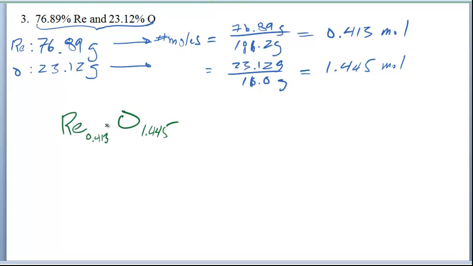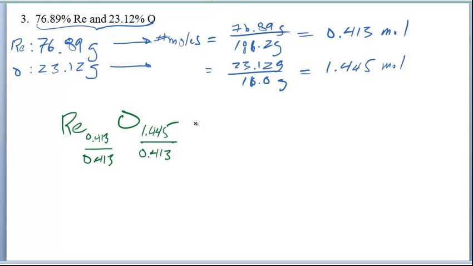Okay, and that is the mole ratio. That's what an empirical formula is showing you. However, in order to be a true empirical formula, we have to have the lowest whole number ratio between these two. So in order to get there, what we do is we divide both mole values by the smallest mole amount.